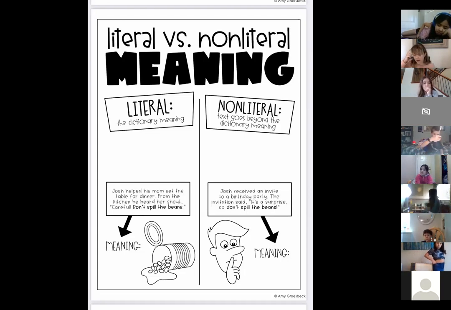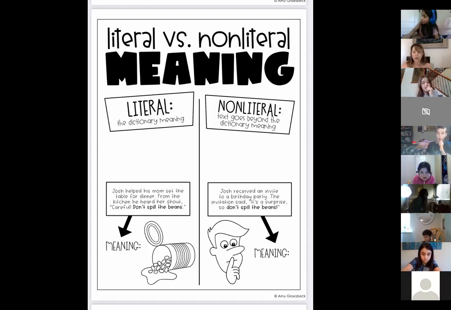So I'm going to read it again. Okay, Josh received an invite to a birthday party. So he's going to a birthday party and it said it's a surprise. Don't spill the beans. Oh, it's a surprise. If you're going to a surprise party, you don't want to tell the person about the party. So don't spill the beans must mean don't tell anybody, right? It doesn't mean to actually not spill the can of beans.